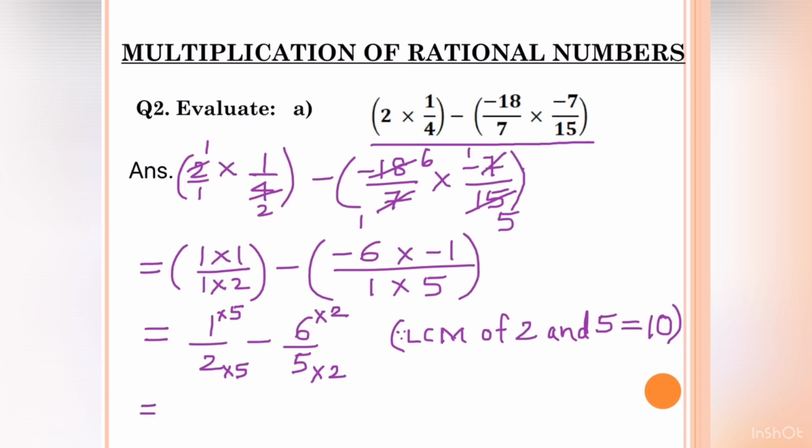So this expression is equal to 1 times 5 is 5, by 2 times 5 is 10, minus 6 times 2 is 12, by 5 times 2 is 10.